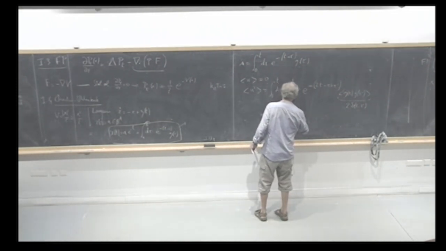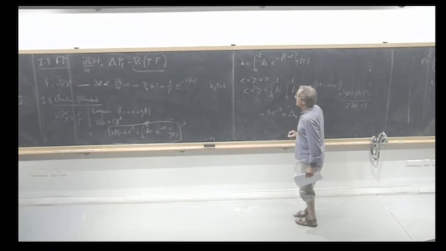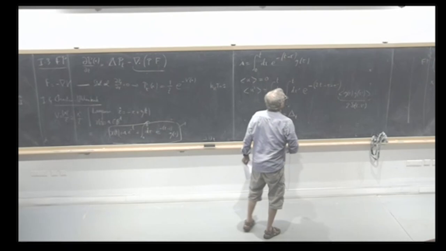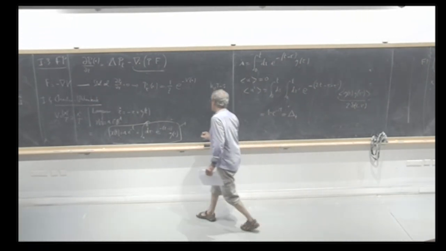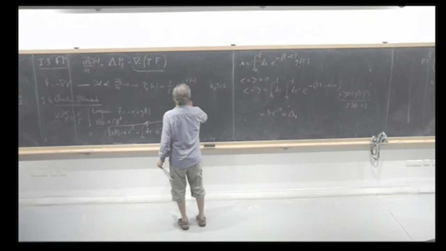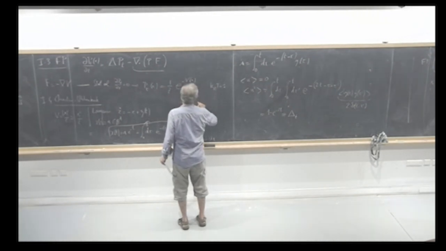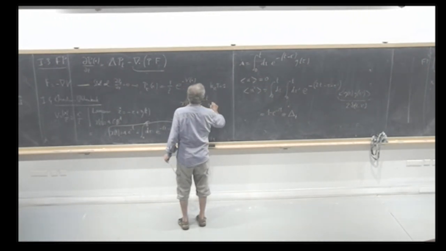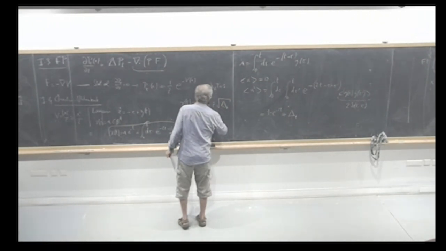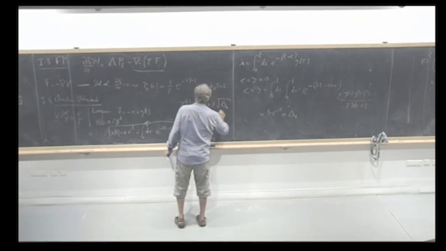And this I will use a lot. This is the variance of this random variable. So I will write that x of t is equal to a e to the minus t plus z square root of delta, and delta is 1 minus e to the minus 2t.